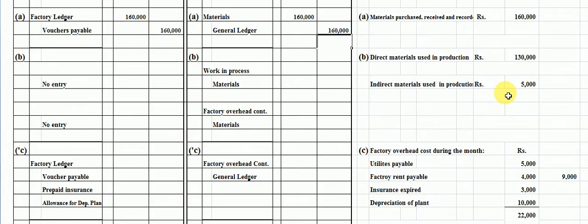Students, the first entry for the direct material is: work in process debited, and material credited with the amount 1,30,000 rupees, material used in the production. Now, for indirect material, the indirect material used is charged to factory overhead control, 5,000 rupees, and material is credited 5,000 rupees here.